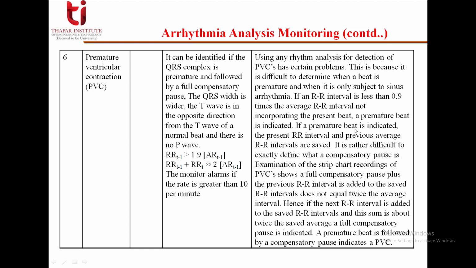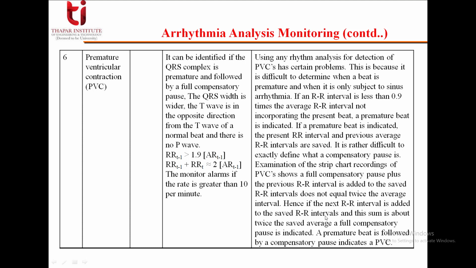If a premature beat is indicated, the present RR interval and previous average RR intervals are saved. It is rather difficult to exactly define what a compensatory pause is. Examination of the strip chart recordings of PVCs shows that a full compensatory pause plus the previous RRT added to the saved RR intervals does not equal twice the average interval.